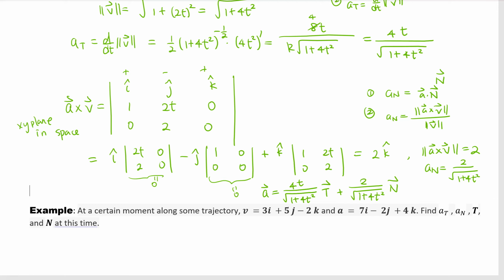Okay, let's continue. Example: at a certain moment along some trajectory, v equals 3i plus 5j minus 2k, and a is 7i minus 2j plus 4k. Find AT, AN, T, and N at this time. You see what we have done before.